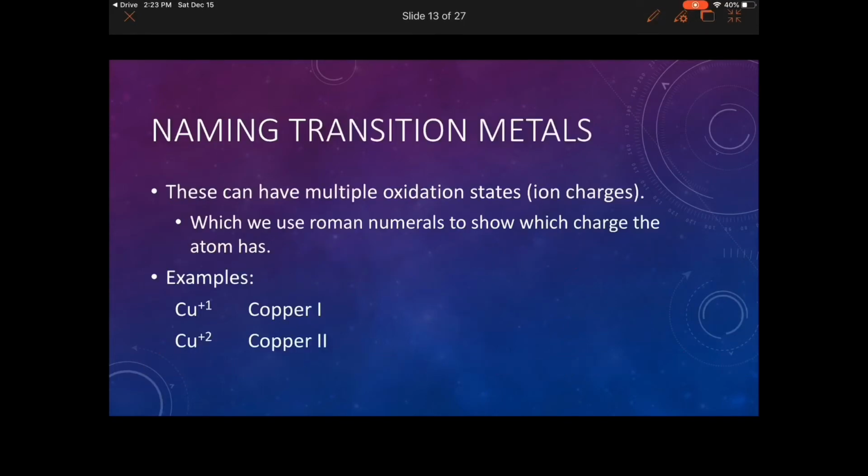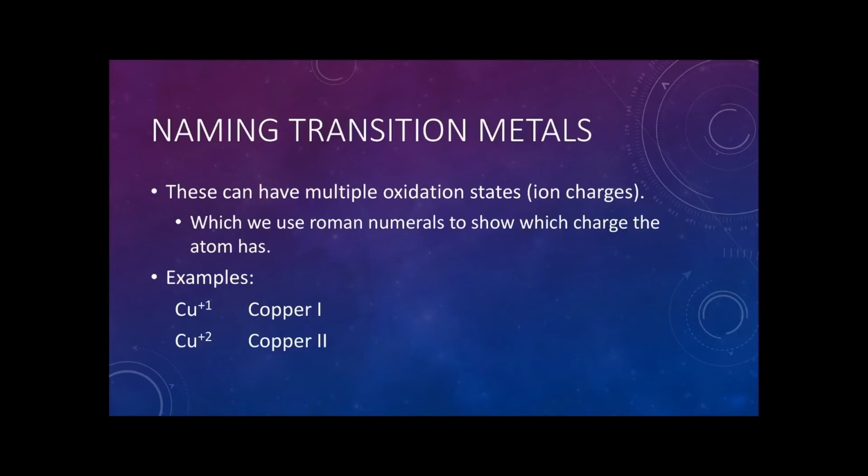Now what happens if I throw a transition metal into the group? Remember, that is the groups 3 through 12 on your periodic table. I may have stated that these can have multiple oxidation states or ionic charges. Some of them can be a +2, a +3, even a +7.